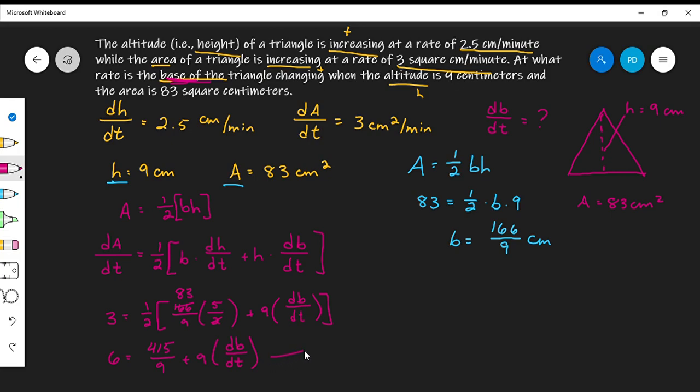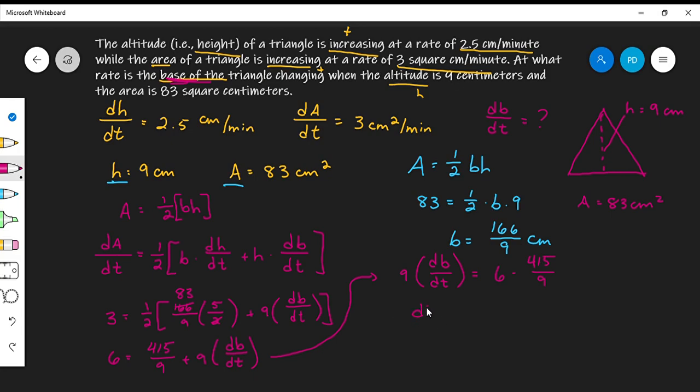We can move this over here. So we're going to subtract this 415 over 9. So we have 9 times dB/dt equals 6 minus 415 over 9. You're going to have to divide both sides by 9, but I'm going to multiply by 1/9 so I don't get a super nasty fraction on this side.